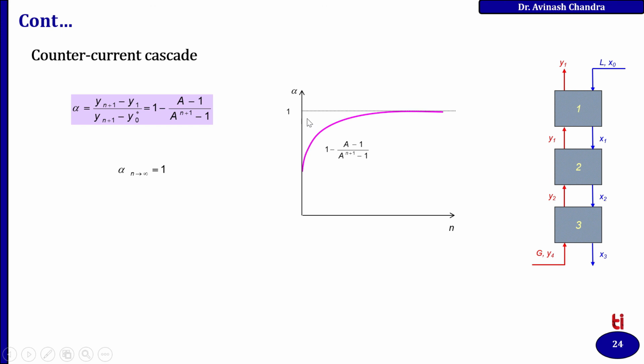So in that case, alpha will follow this path: 1 minus (A minus 1) upon (A to the power n plus 1 minus 1).